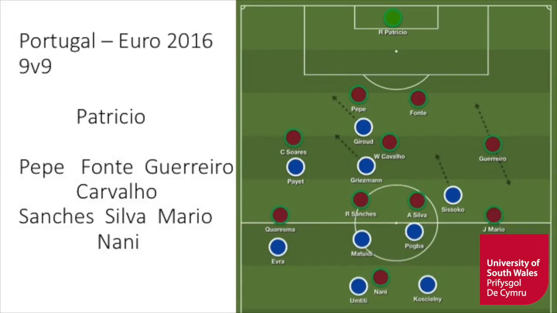Looking further into the tactical framework, we can now look at how we would break this down into a 9v9 format. We could have Patricio in goal, Pepe, Font and Guerreiro as defenders in a 3, Carvalho as the deepest centre midfield player, Sanchez, Silva and Mario making up the advanced midfield players, and Nani as the centre forward in a 3-1-3-1 formation, making up the 9 in our small-sided game.